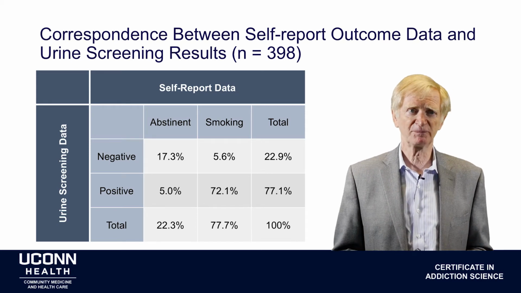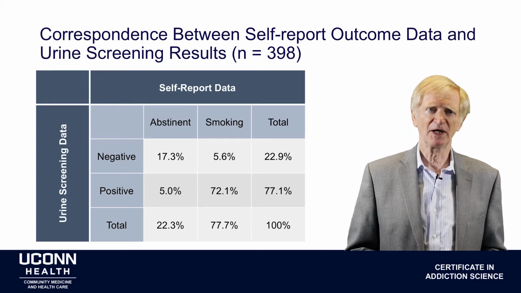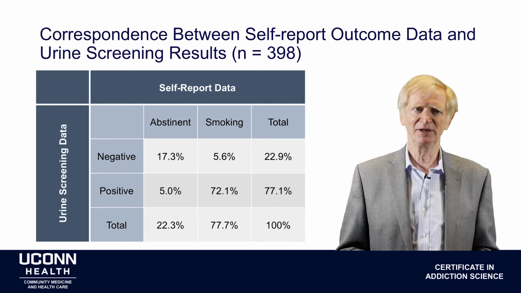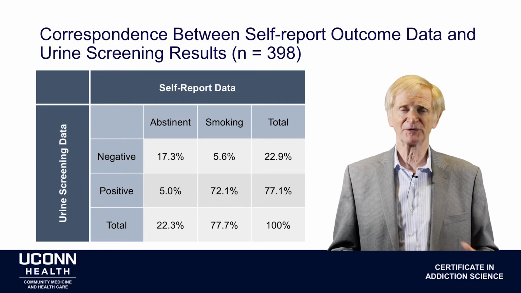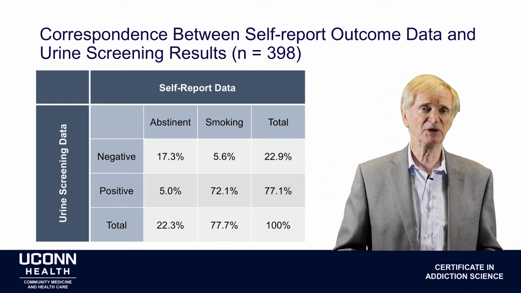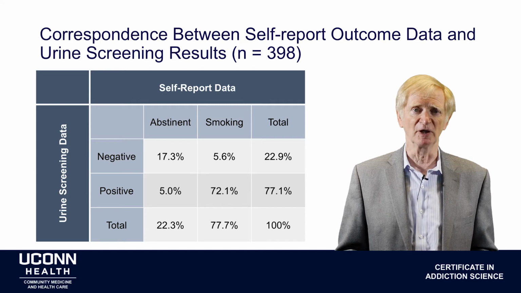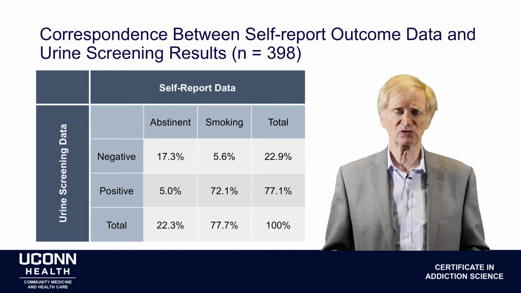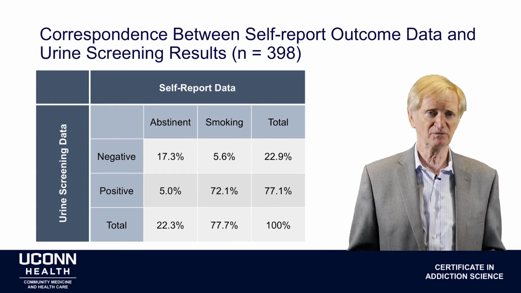But there are some discrepancies. 5.6% were negative on their urine screen, but they reported smoking in an interview. And that could be because the urine screen was not accurate. So sometimes a self-report measure can actually tell more than an objective measure.